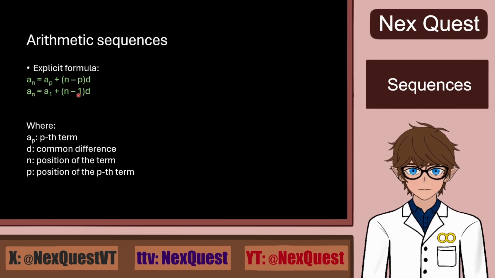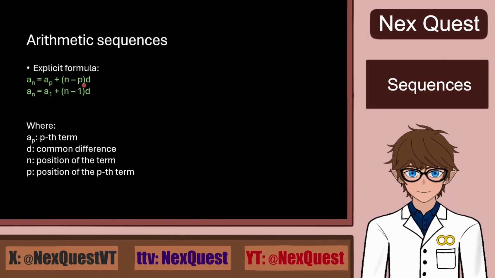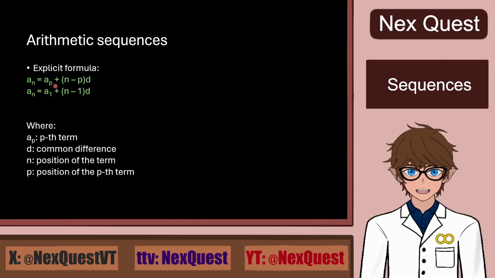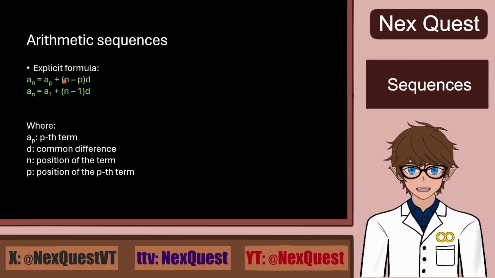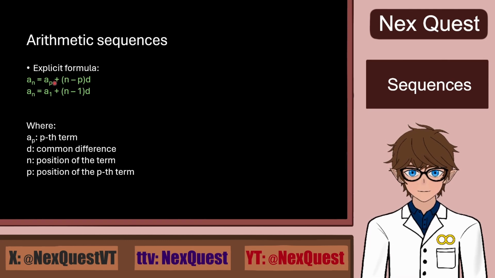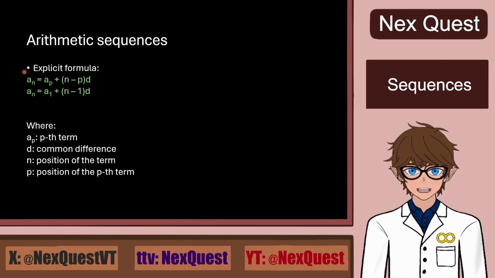Now it's important to remember that if we start off at the later stage, we have to take away those stages. So for instance, if we wanted to start at the second term, we would have to take away 2 from n. This comes in more handy if the term we're basing it off is after the nth term.